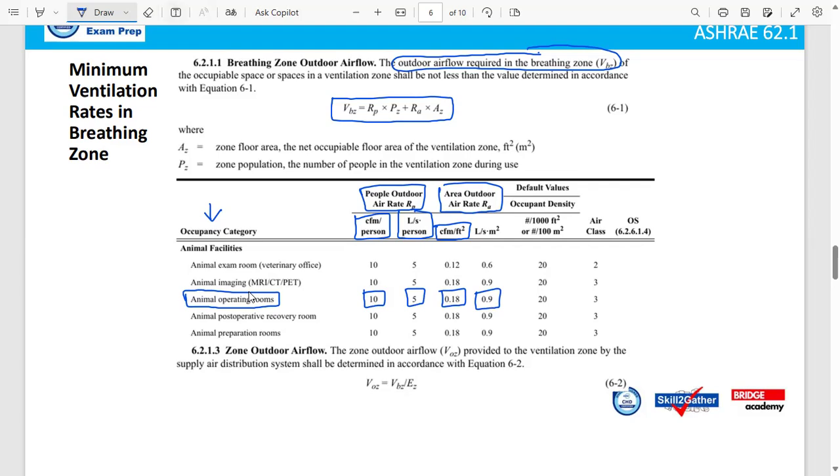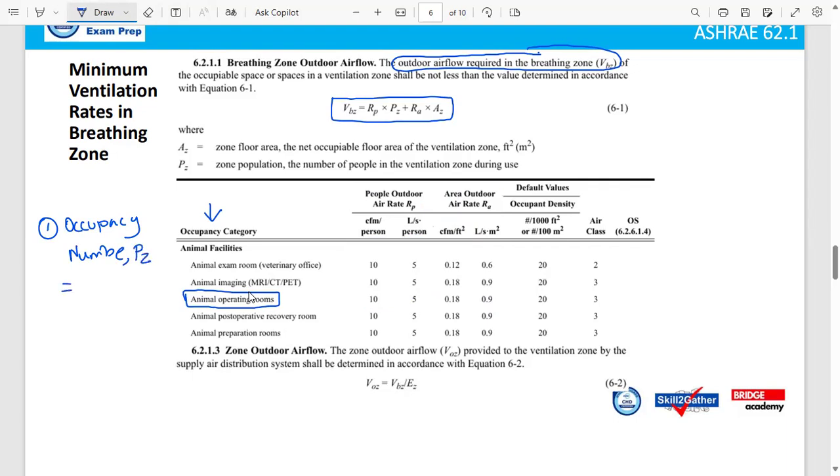Okay. So what are these values? To find out the required outdoor airflow rate, we need two more pieces of information. Number one, occupancy number. The occupancy number is represented by PZ here.